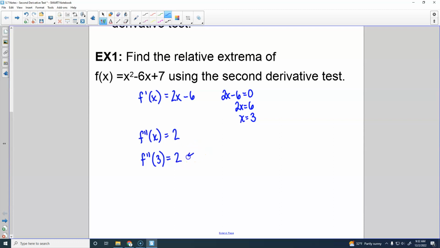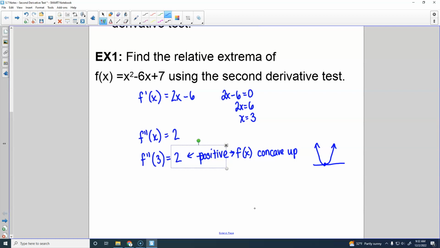So since that is positive, it tells us that f of x is concave up. So if we have a graph that is concave up and we have a derivative that is 0 at that point, we're looking at a relative minimum.